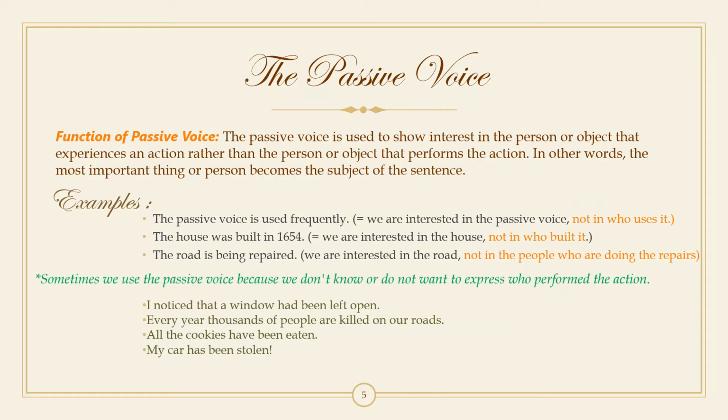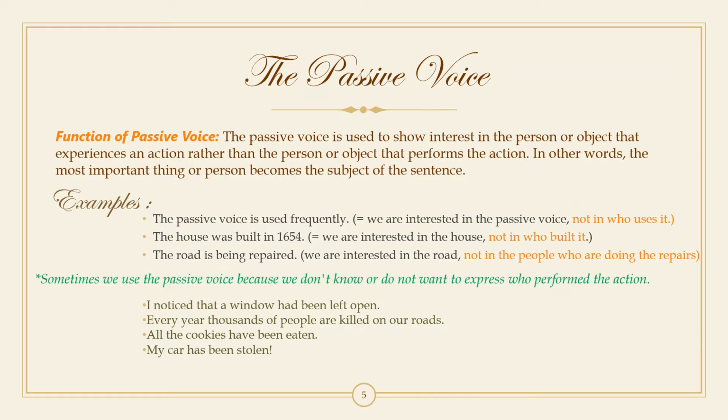Sometimes we use the passive voice because we don't know or do not want to express who performed the action. I noticed that a window had been left open. My concern is about the window left open, and I don't want to tell who had left the window open.